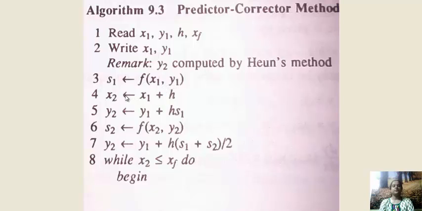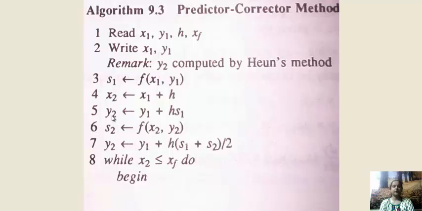Now we will compute or increment x2. x2 is x1 plus h. As we have seen, h is the interval. So adding the interval to the first value of x, we will get the next, that is the second value of x. So x2 is x1 plus h.